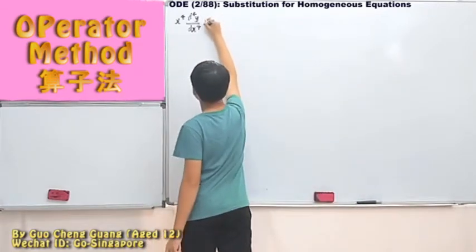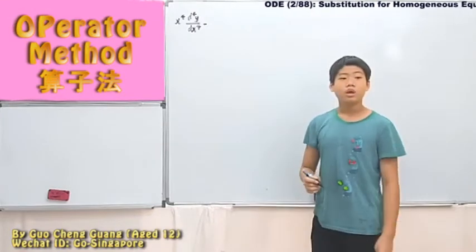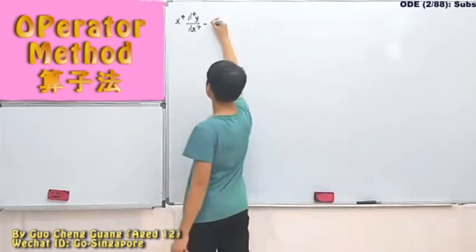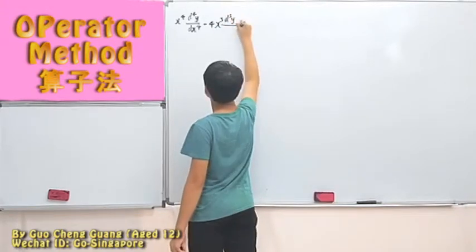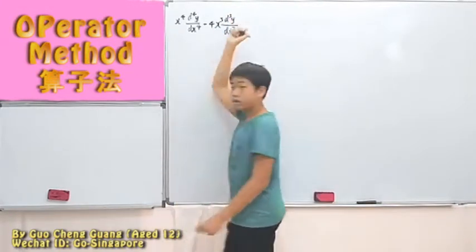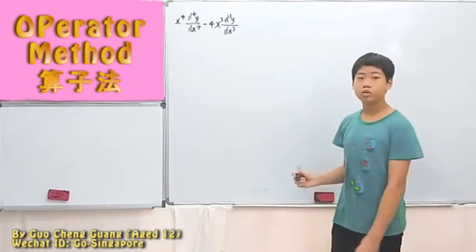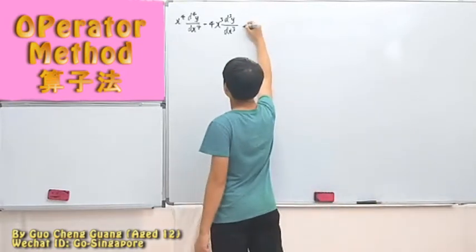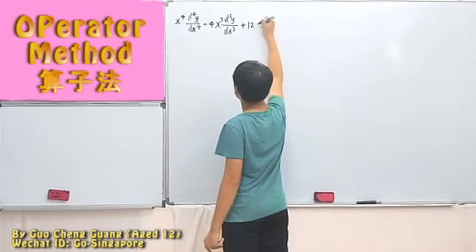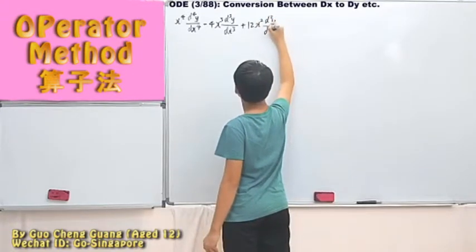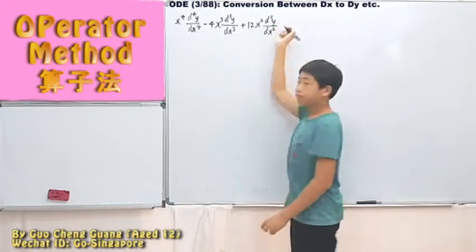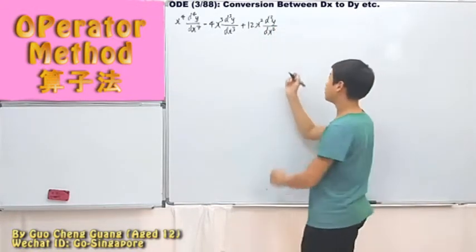Then in the next part, you subtract 4 x cubed, then the third derivative of y. Then next, you add 12 x squared, second derivative of y.